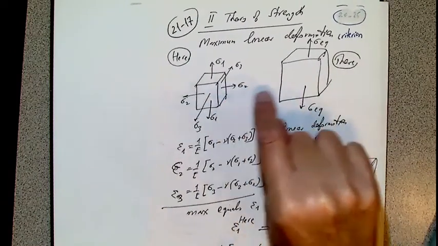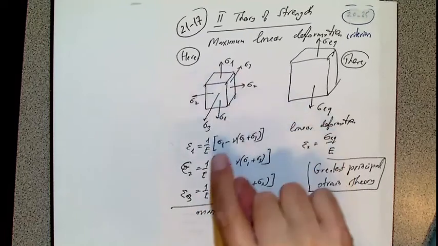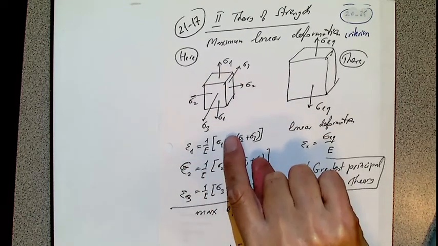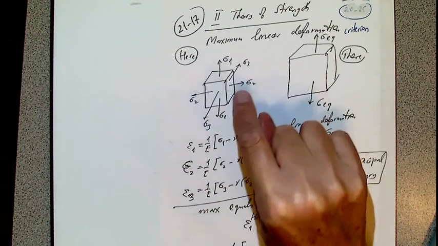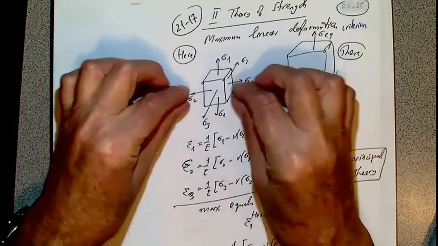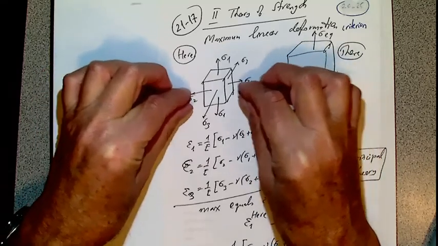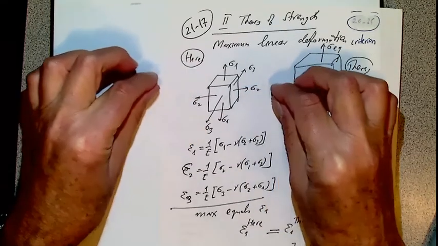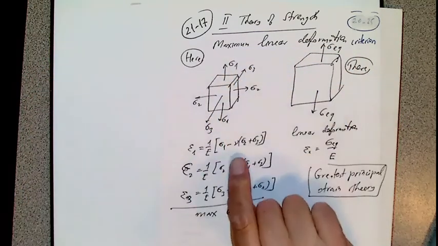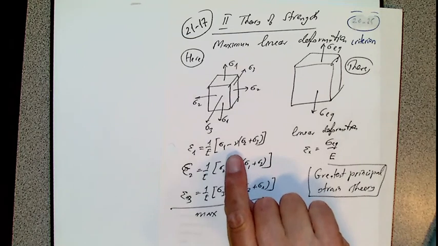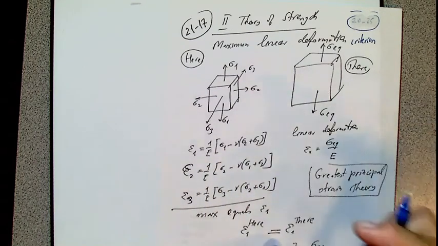Then look at deformations in one direction. Epsilon 1, according to Hooke's law, is sigma 1 over E. But when I apply sigma 2 in the y direction, the element shrinks in the x direction. This shrinkage is identified as minus nu sigma 2 over E. This is Poisson's ratio.